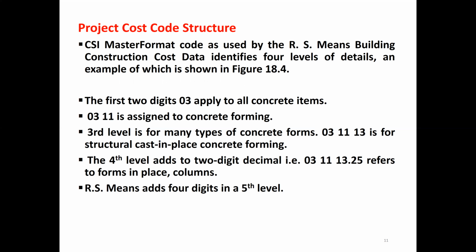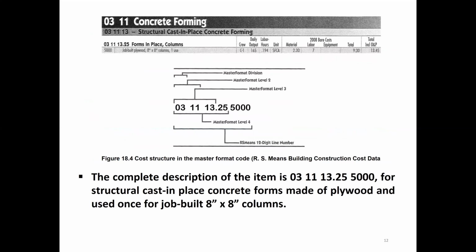RS Means adds four digits at the fifth level, like 5,000 given here. So 0311 13.25 5,000 at the fifth level is the complete description of the item: structural cast-in-place concrete forms made of plywood and used once for job-built 8 by 8 inch columns.